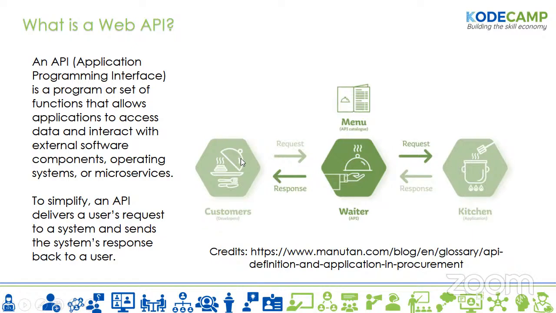So here you have the customer, now sending a request. The API, the intermediary, picks the request. And one of the requests could be, I want to see what you have. So ideally, that would be your GET request. You want to see all the things that are available. And then you can decide to say, okay, I want to get an individual item. So that could be your request. So I want to see all the things that you have. The kitchen could tell you that all these things that we have today, we are making this, or these are the things available.